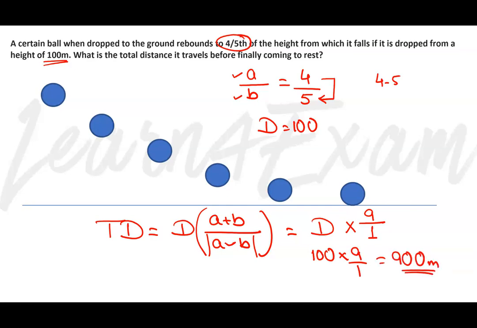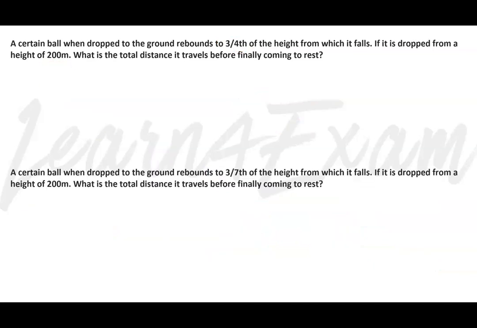So you can see it's a very short method and you would get these kinds of questions literally in 10 seconds. We'll just try out another question and then I have one question that you should solve. The value of A by B is given as 3/4. D is equal to 200.